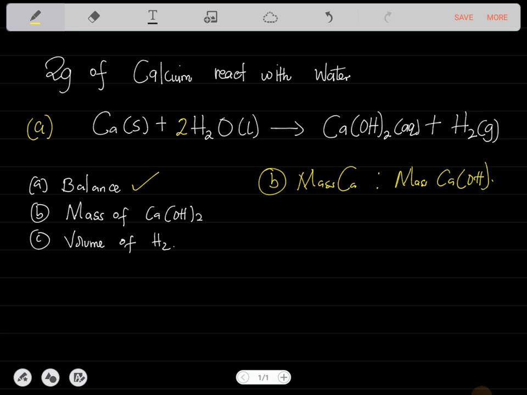So the mass of calcium given here in the equation itself is just 2 grams. But for the hydroxide, we don't know. Which other mass are we going to compare the two? Well, the other mass that we compare the two is the molar mass. We are going to compare the relative molecular mass of all of the elements or the compound in particular at play.